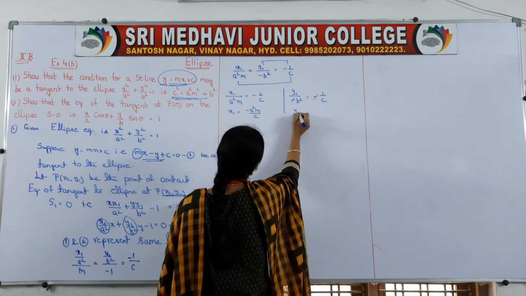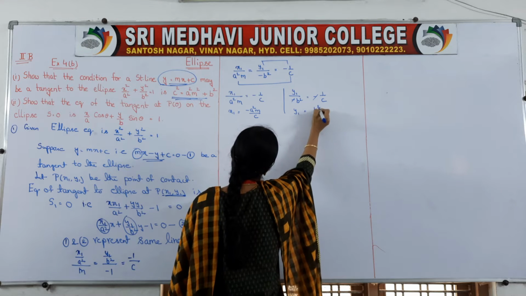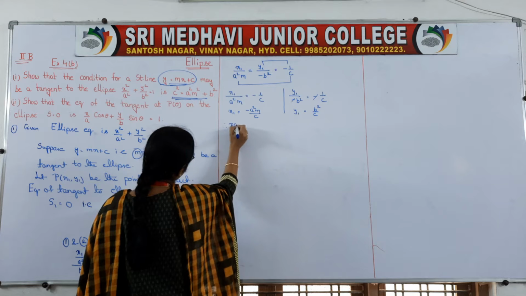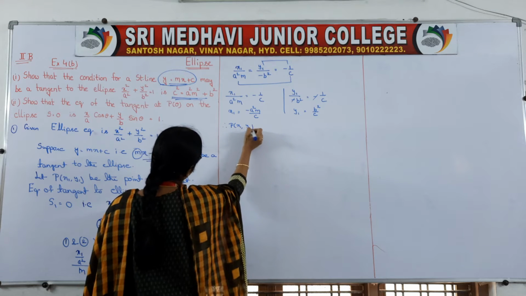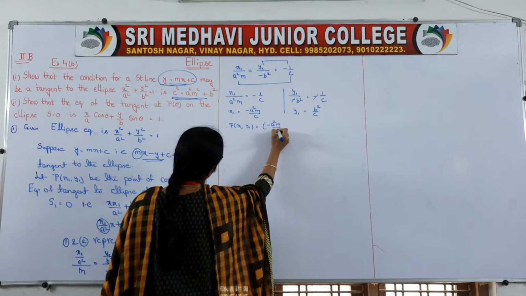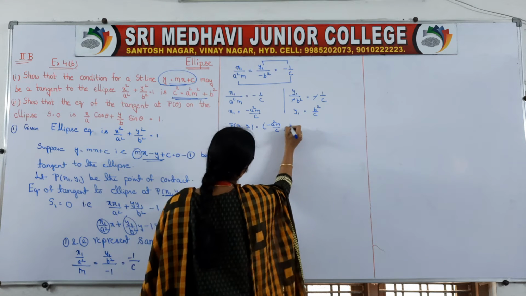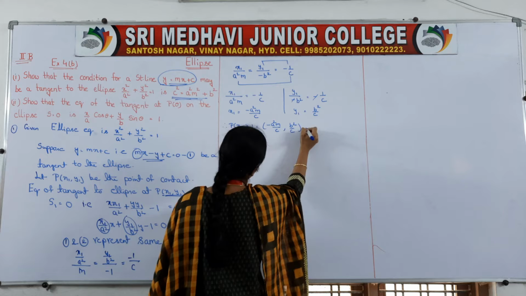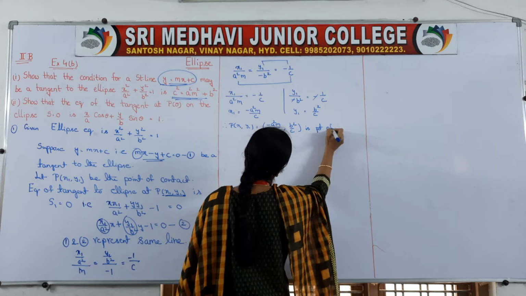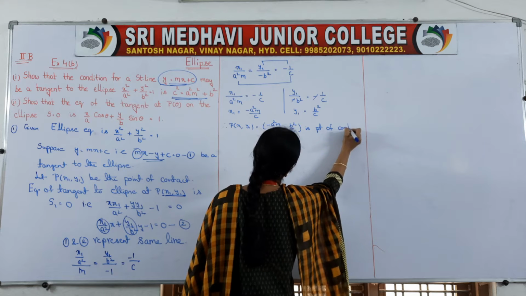Minus minus cancel, y1 is equal to b square by c. So therefore, P(x1, y1) is equal to (minus a square m by c, b square by c), the point of contact.